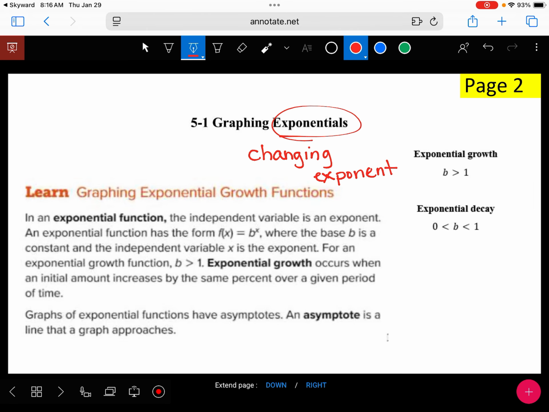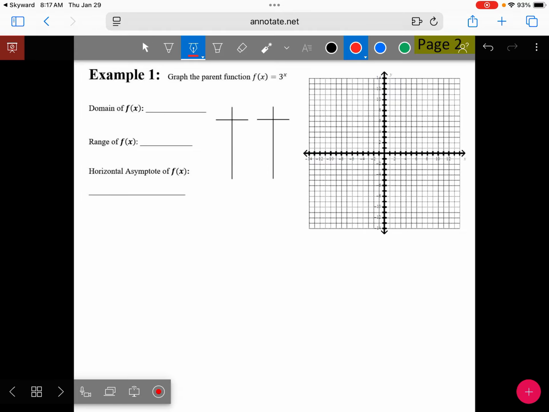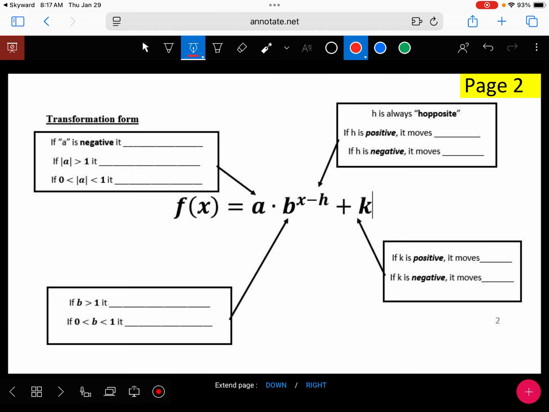Now, what's tricky about this one is that we all know about A, H, and K, but now I'm adding one more thing, and that's B. B is the base of your exponent. So let's go to our transformation. Well, actually, let's do this first. Let's fill this in first, and then we'll go back.